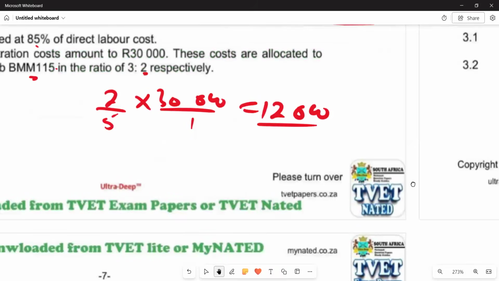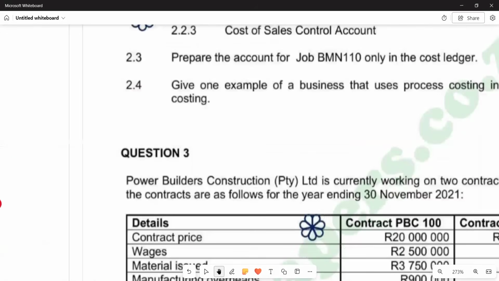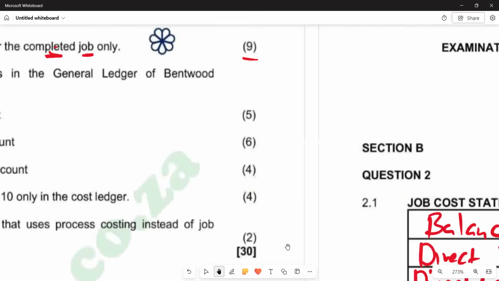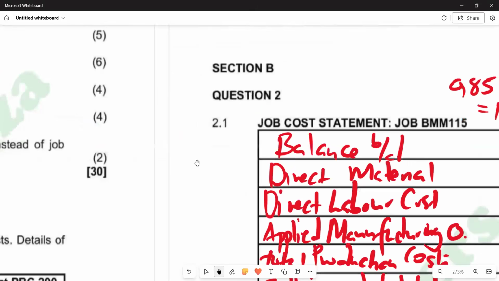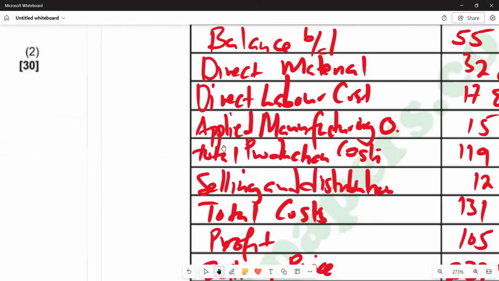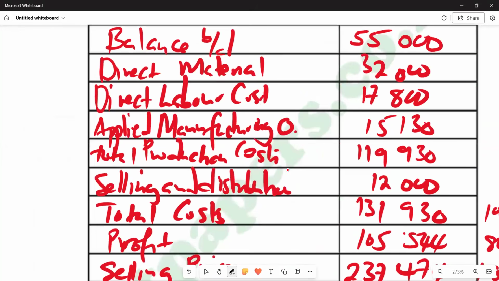If you come here, when we prepared our job cost statement, that's where we're going to have that figure for finished goods. Right. The figure for total production cost is representing the finished goods, which is 119,930. So this is the figure that we're going to pick as our finished goods figure.